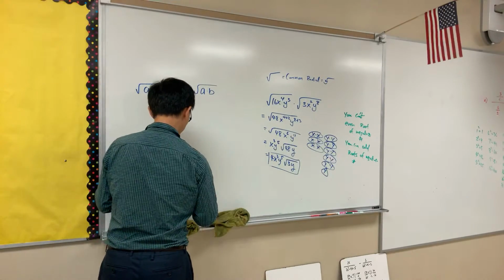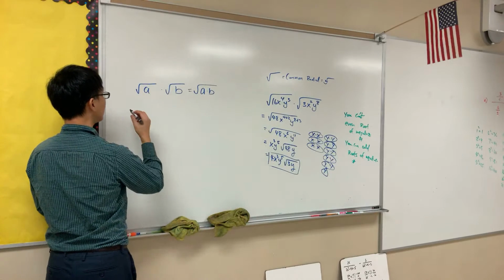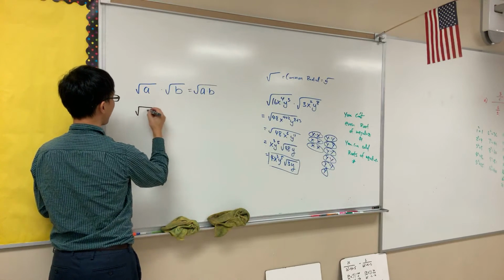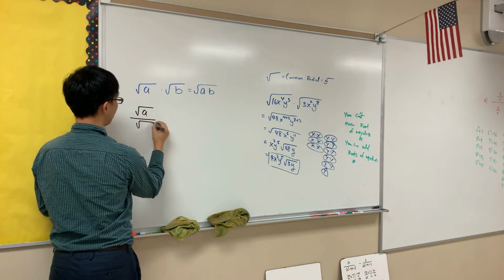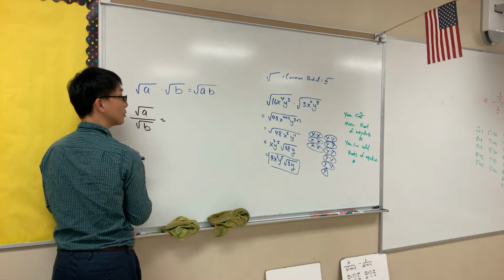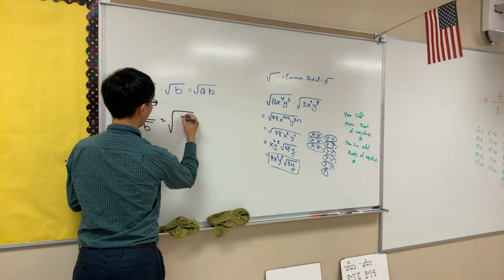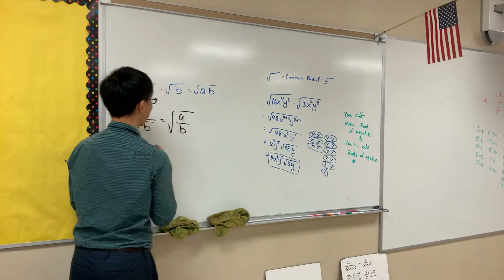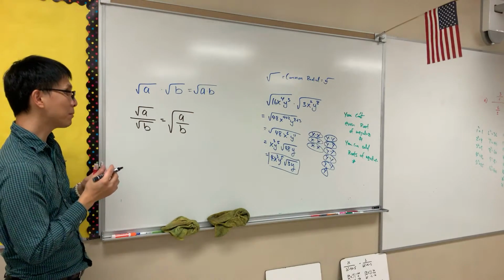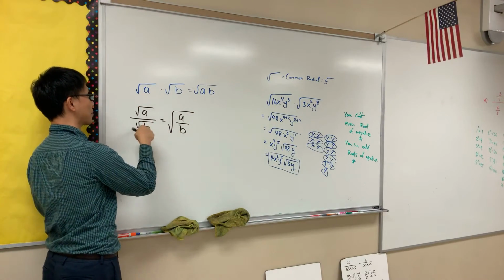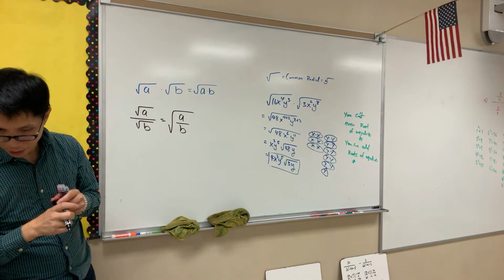So the rule of this one: square root of A over square root of B is what? Square root of A over B, right? Now sometimes it's easier to do it in this format, sometimes it's easier to do it in this format. We're going to talk about those.